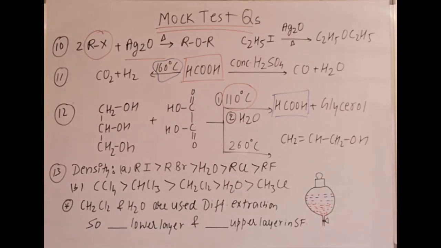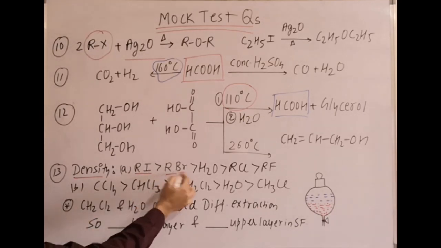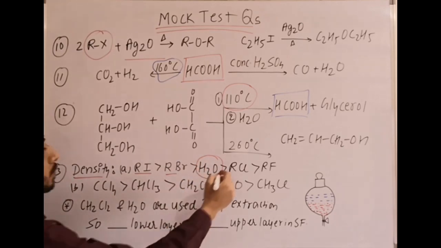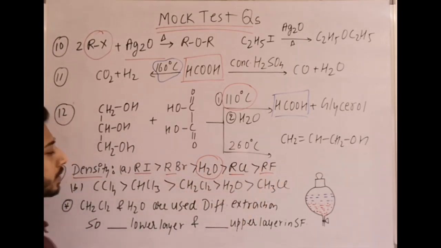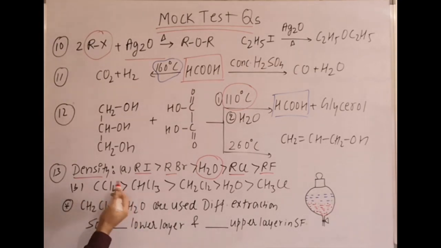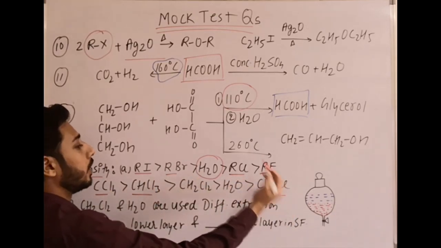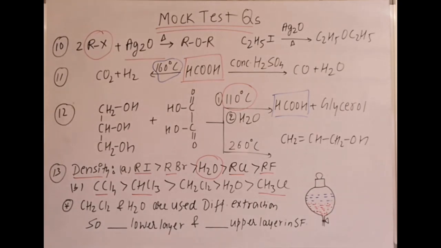The next piece of information is about density comparison among alkyl halides. Generally, with the same R group, the more the molecular weight, the more the density: RI, RBr. Now H2O comes after RBr, but it is denser than RCl and RF. The important comparison is among tetrachloromethane, trichloromethane, dichloromethane, water, and methyl chloride.